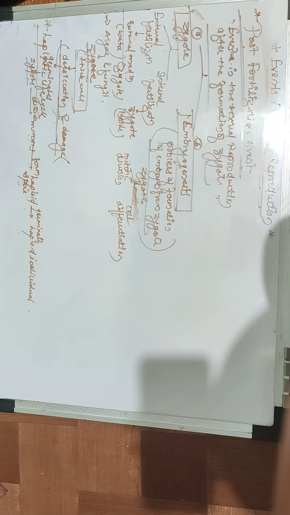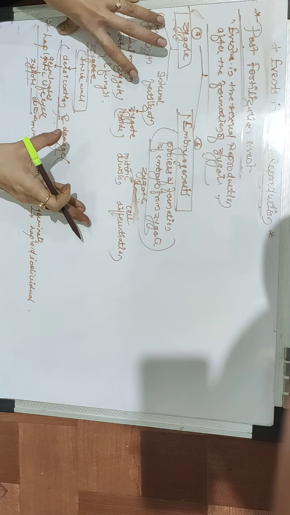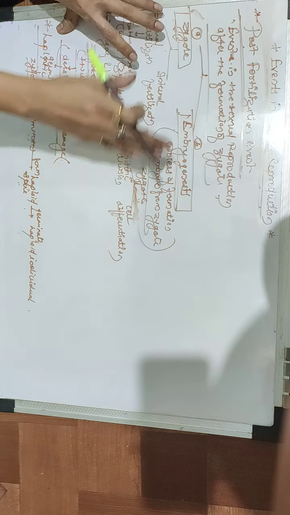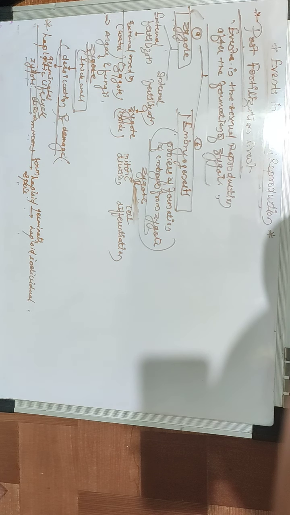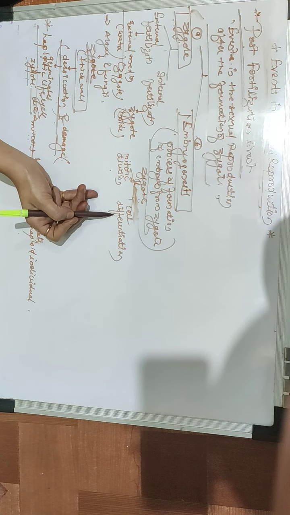What will happen in the process of embryogenesis? The embryo is formed from the zygote, and whatever process follows the zygote is called embryogenesis. So what happens during embryogenesis? The zygote undergoes mitotic division and cell differentiation.